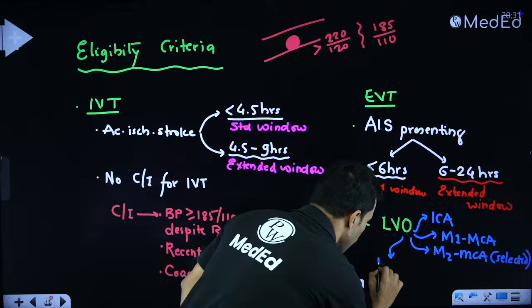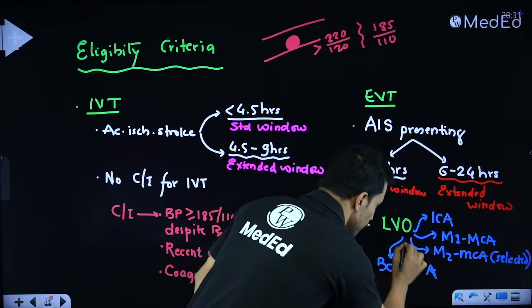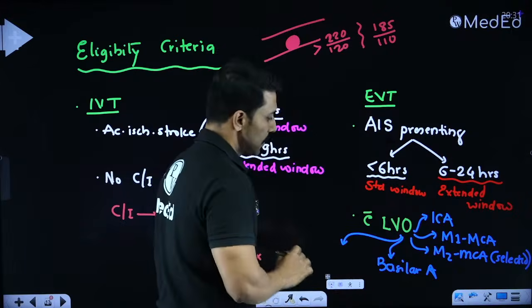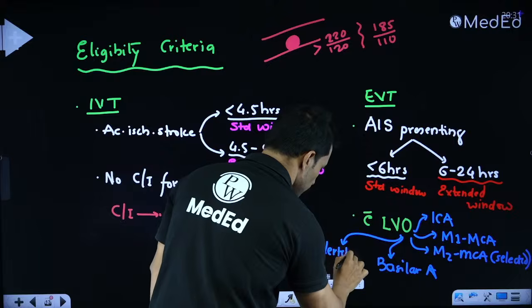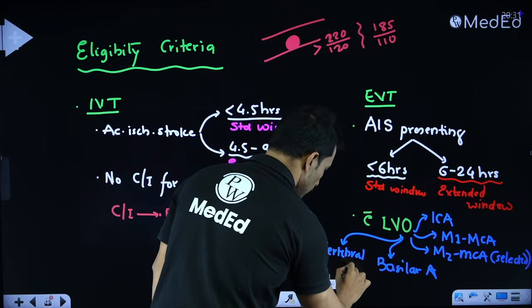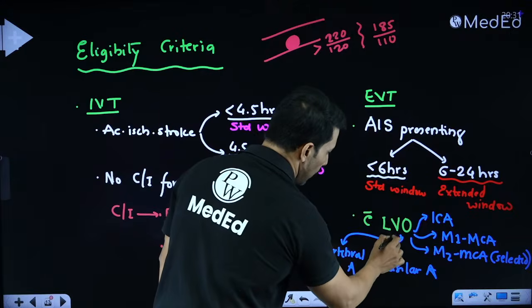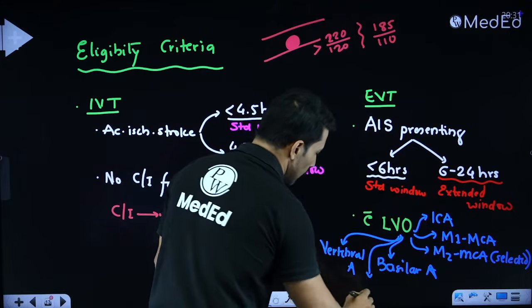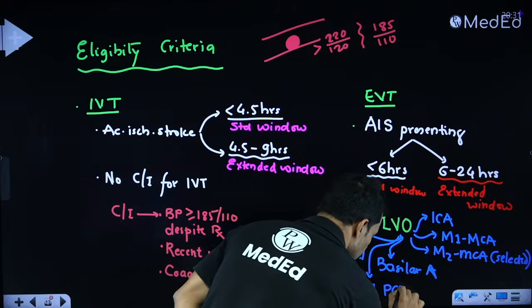That includes basilar artery occlusion, vertebral artery occlusion, and we can also do it for the P1 segment of the posterior cerebral artery.